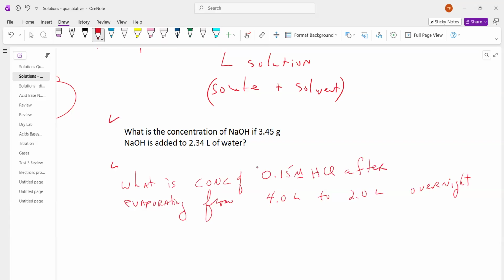Okay, so what are the units of concentration? Moles per liter, right? So first thing is, let's calculate the moles we're starting with. We have volume and we have concentration. So let's look at the initial moles of HCl.